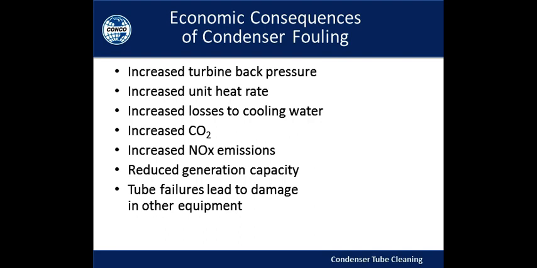CO2 emissions can be reduced dramatically, and you can be an environmentally friendly operator if you're a coal plant. Let them know how well you're maintaining the condenser, and you can literally reduce the amount of CO2 emissions by thousands of tons. It's in the literature. You can find it, or we can provide it for you if you'd like. But the big one is reduced generation capacity.